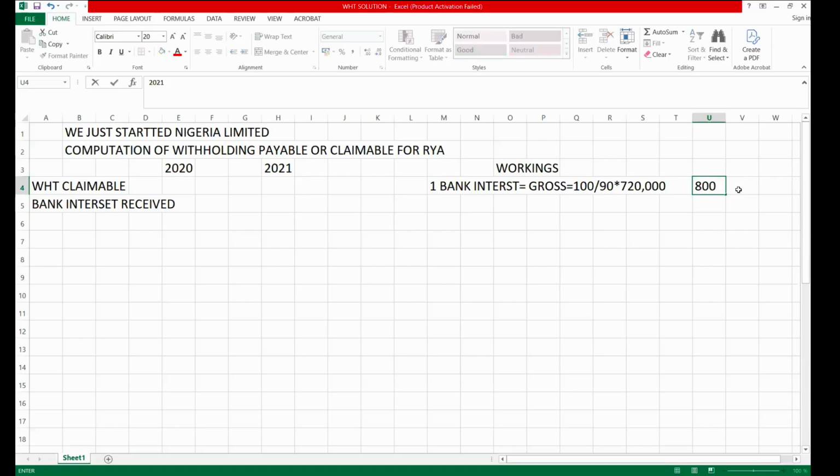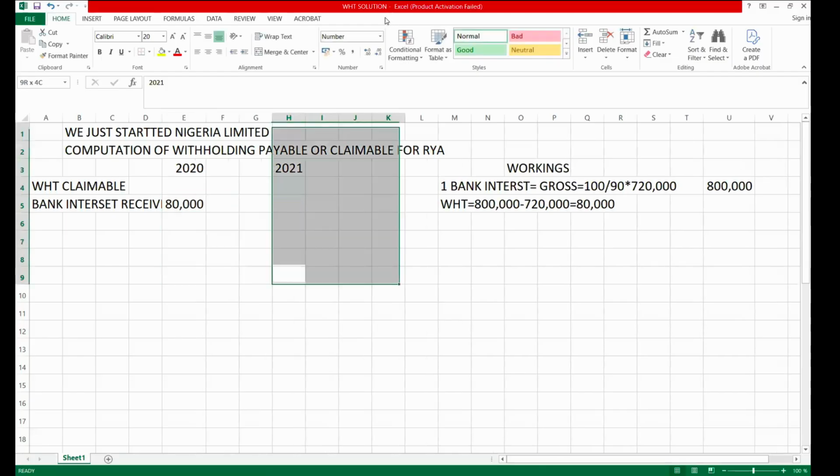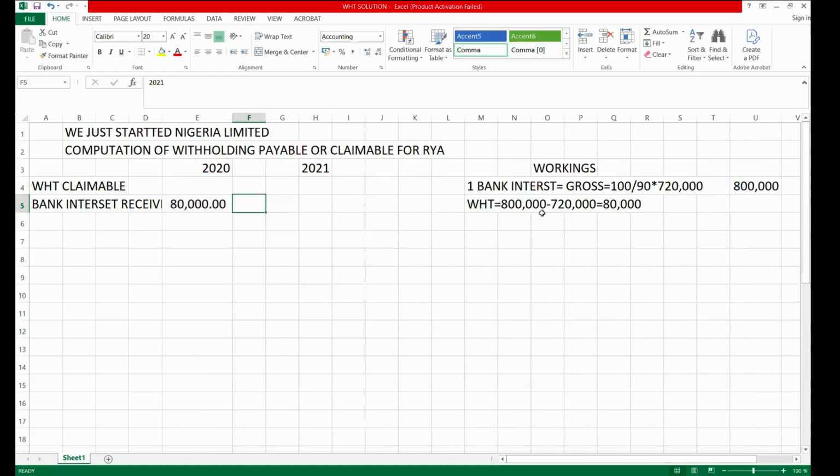If the total gross amount is 800,000, and I collected 720,000, then the withholding tax will be equal to the gross amount, 800,000, minus 720,000. So the withholding amount will be 80,000. So for 2020, the withholding tax is 80,000.